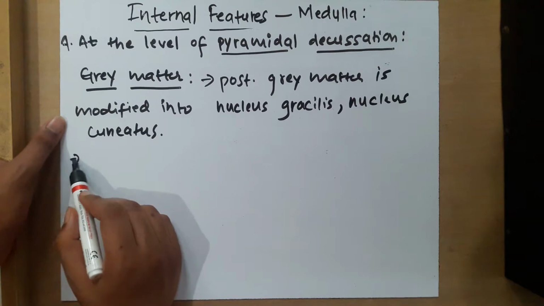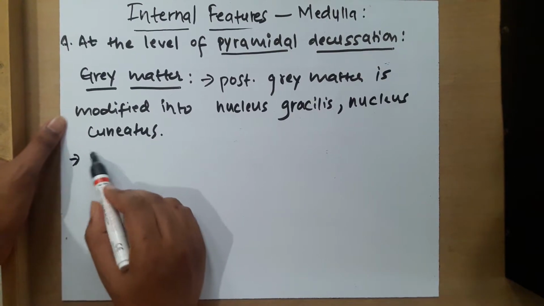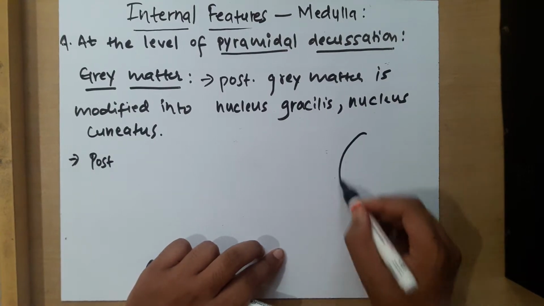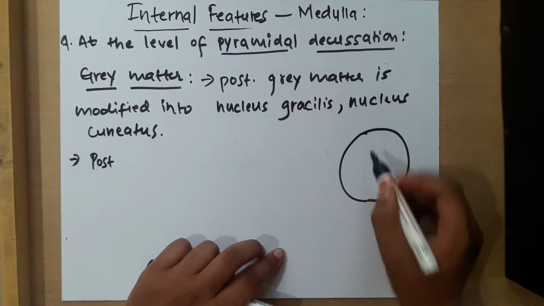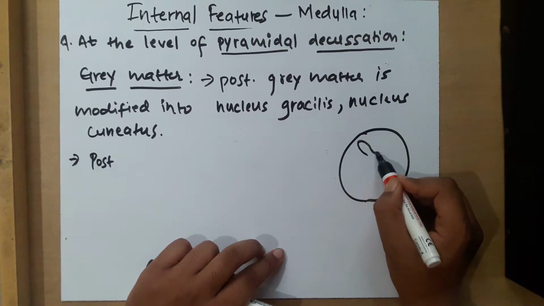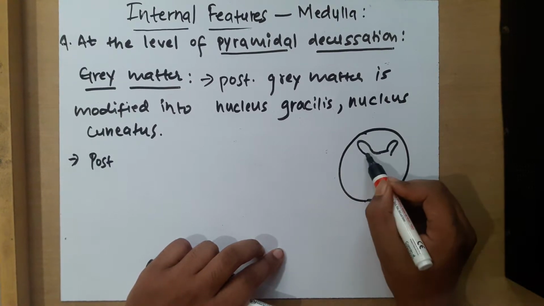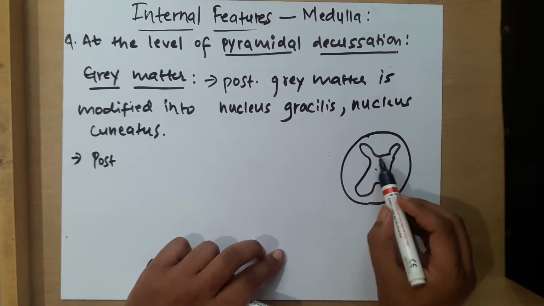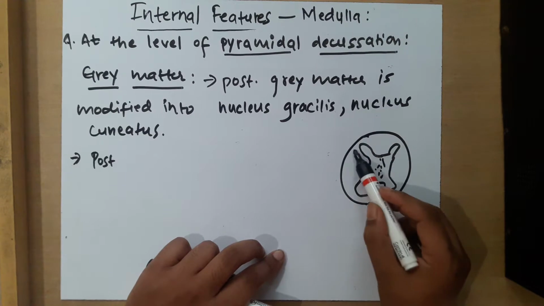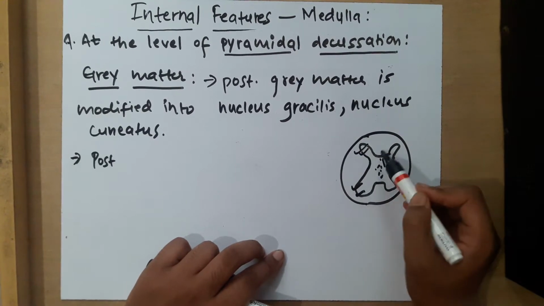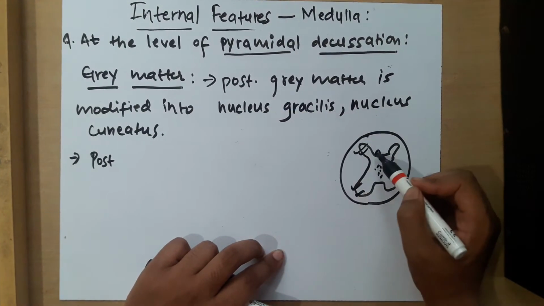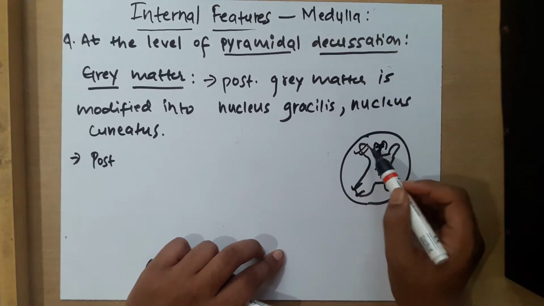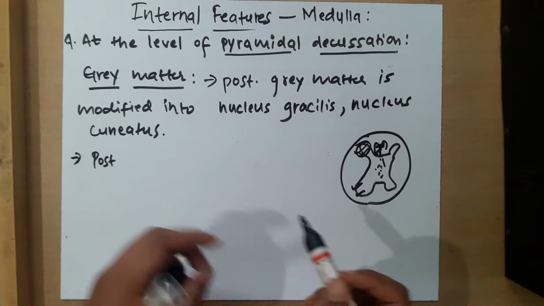Then the posterior horn. We know that in the spinal cord, the gray matter has a posterior horn, an anterior horn, and in between is the gray commissure. So this is the posterior horn, this is the anterior horn. We discussed the posterior part, which is modified into nucleus gracilis and nucleus cuneatus, and now we are discussing the posterior horn.